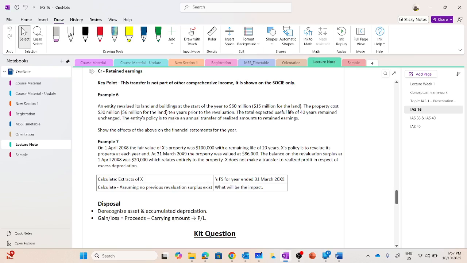Let me increase the size. Show the effects of the above on the financial statements for the year end.